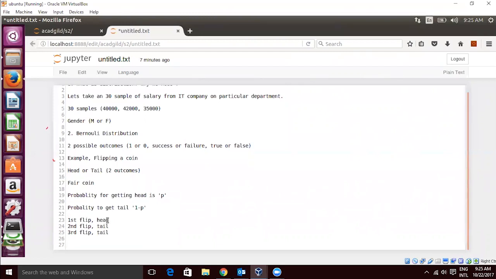Out of 3 flips, I get 1 head and 2 tails. Obviously, the probability to get head is 1 by 3, and the probability to get tail is 2 by 3.